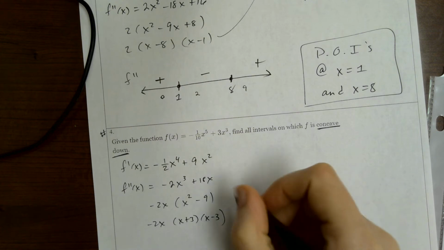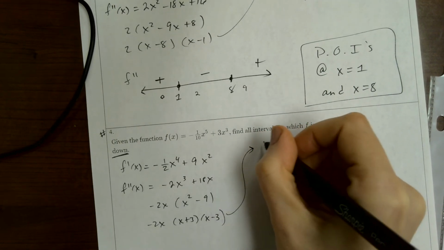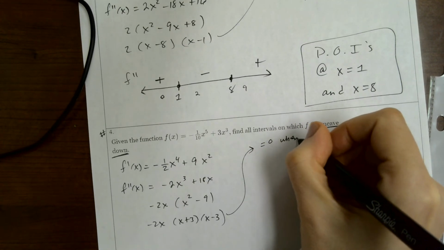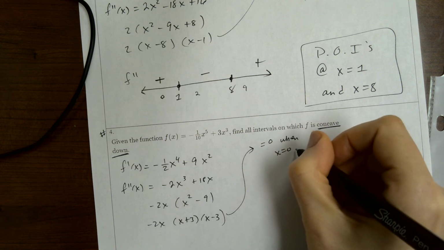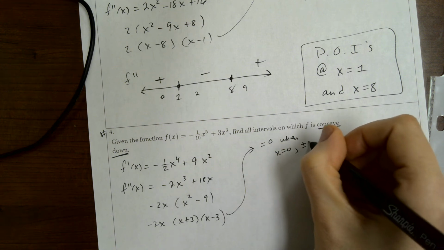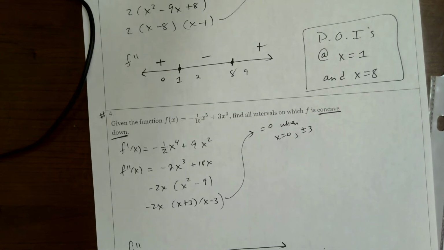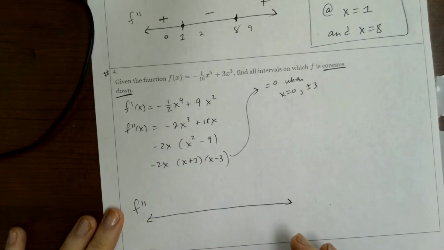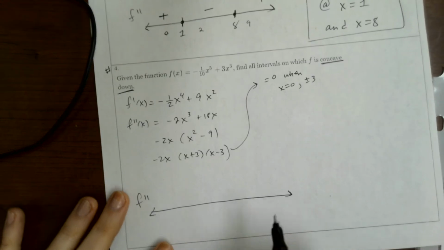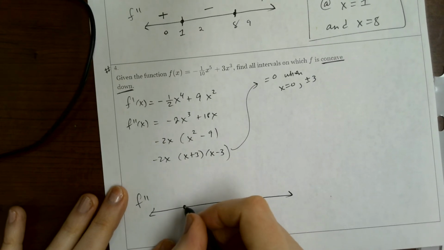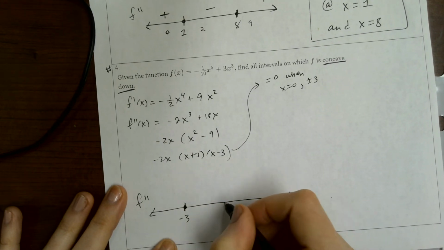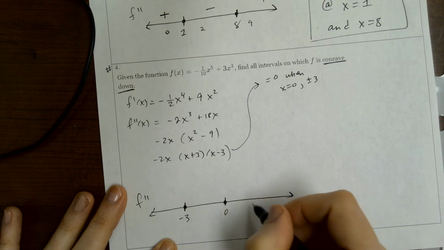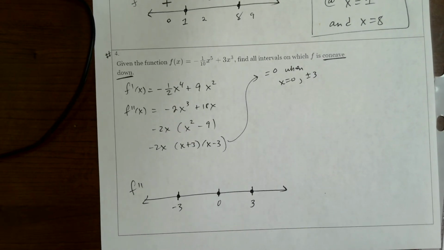So I'll just say equals 0 when x equals 0 and plus or minus 3. So that is what is going down here. Okay, so we're going to have negative 3, 0, and positive 3.